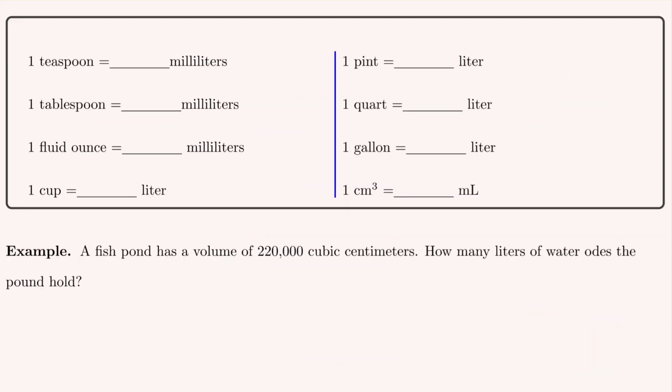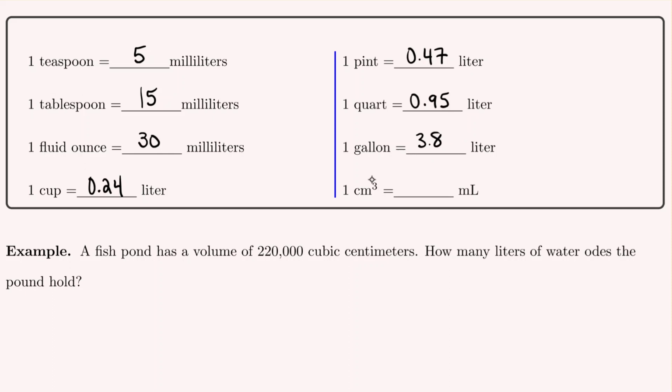We also have a few conversion factors between measuring volume in the US system and the metric system. 1 teaspoon is 5 milliliters. 1 tablespoon is 15 milliliters. 1 fluid ounce is 30 milliliters. 1 cup is 0.24 of a liter. 1 pint is 0.47 of a liter. 1 quart is 0.95 liters. 1 gallon is 3.8 liters.